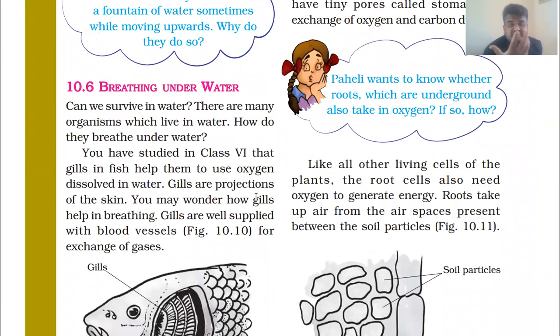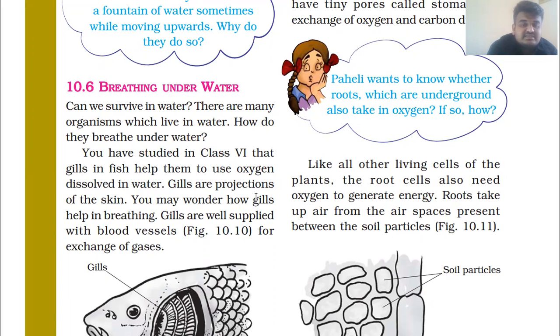First of all, think: can we survive underwater? If you are swimming in a swimming pool, let's say, for how long can you swim underwater? Ten to fifteen seconds is more than enough. After that you cannot survive underwater. So there are many organisms which live in water. How do they breathe underwater? Think on it first.